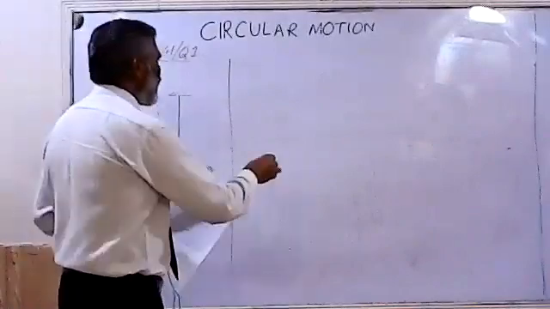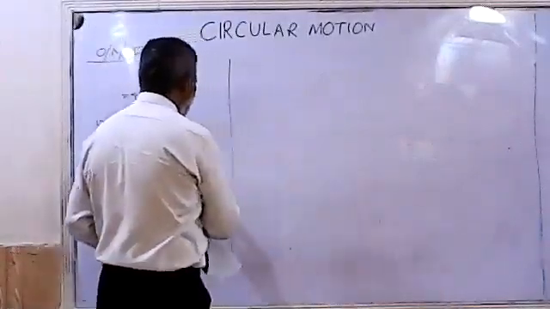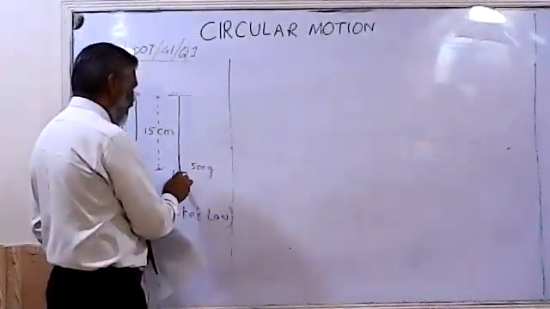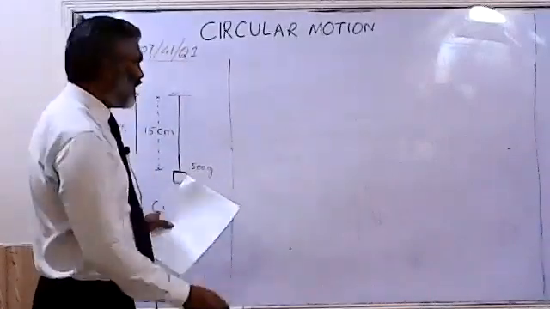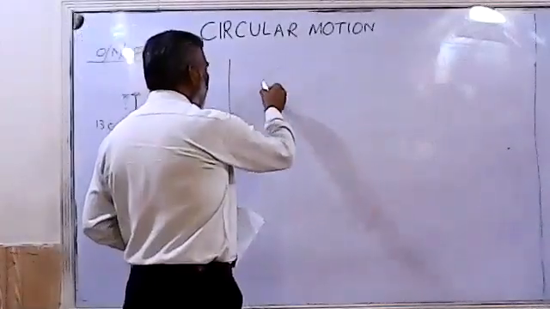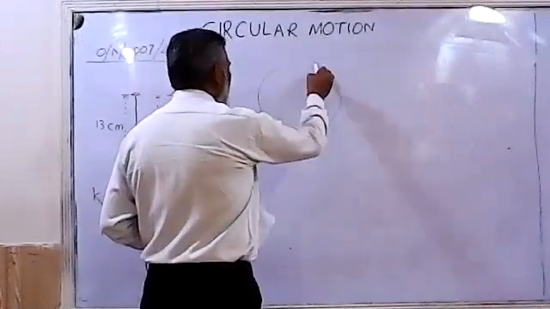Then this object, which is a 500 gram mass, is made to move in a vertical circle in this manner.